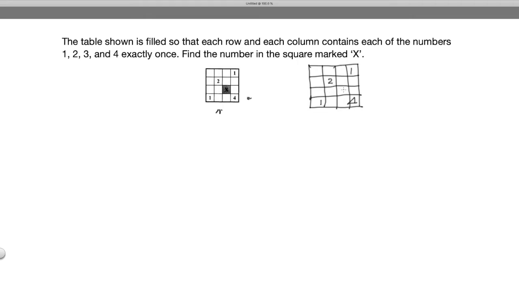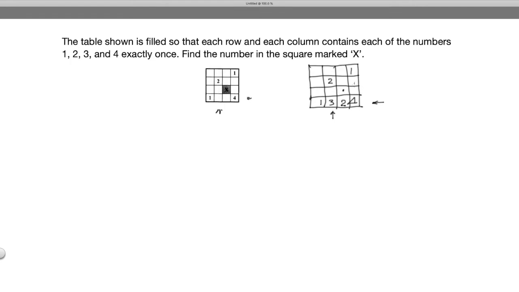And we want to find out this one. As I said already, if I look at this row, this number cannot be 1 or 4, and it cannot be 2 due to this column. So this number only can be 3.